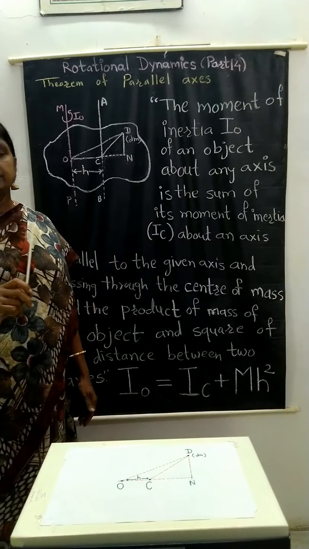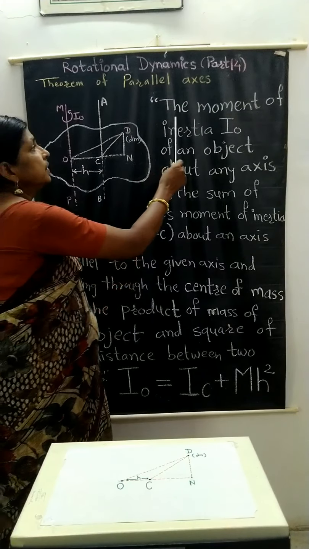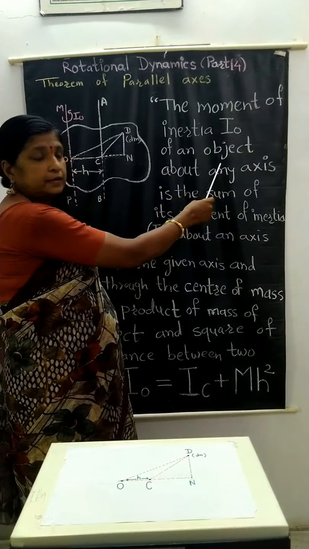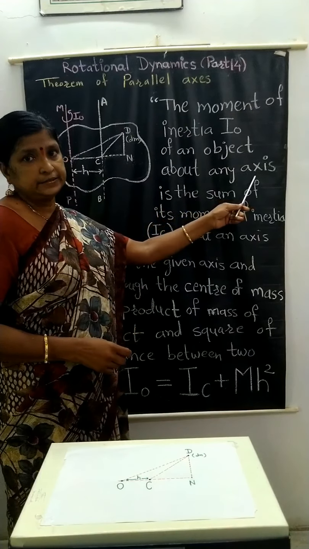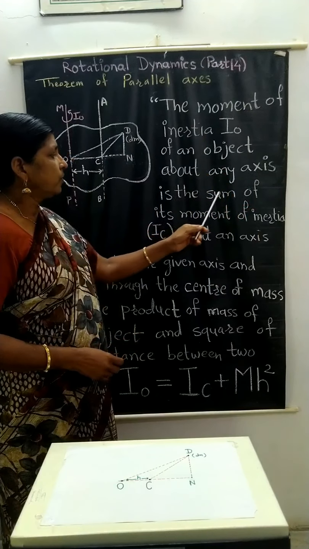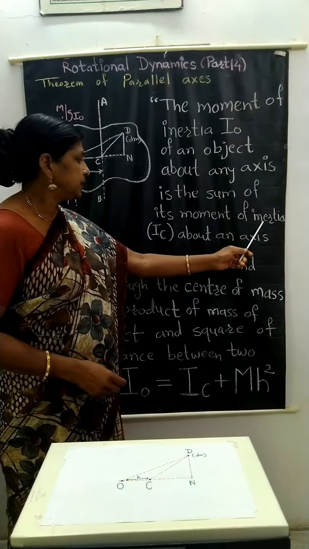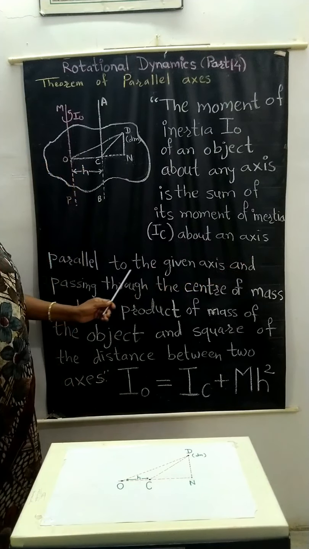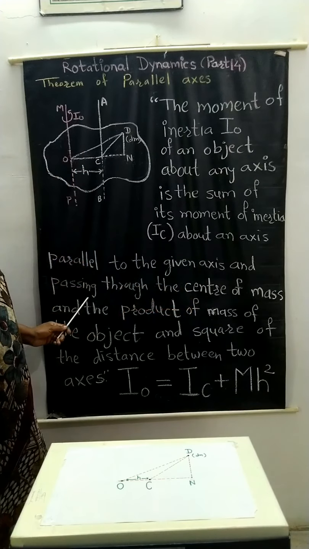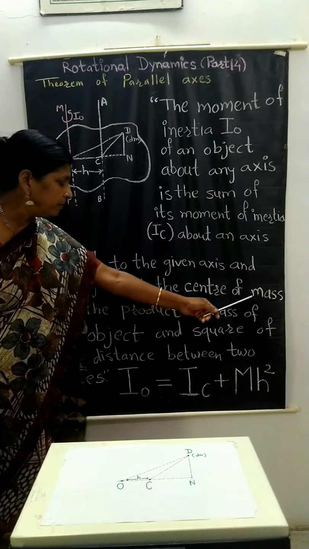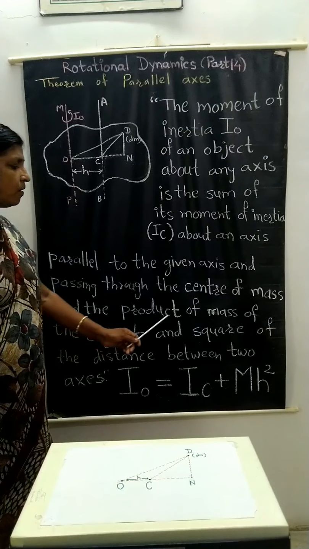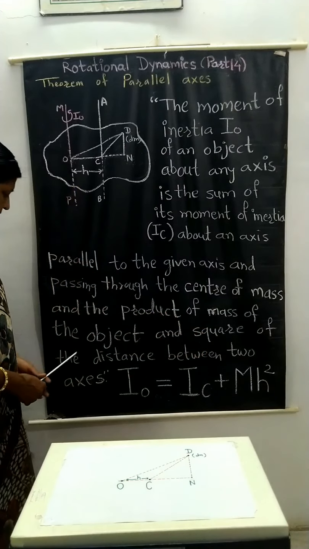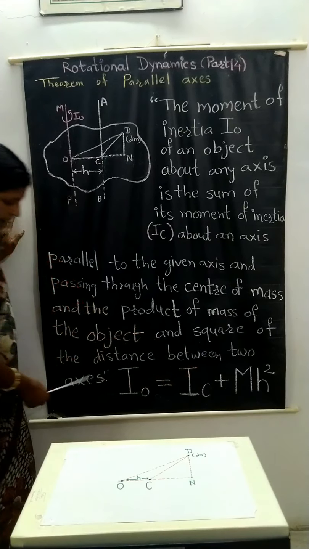What does this theorem state? The theorem says that the moment of inertia IO of an object about any axis is the sum of its moment of inertia IC about an axis parallel to the given axis and passing through the center of mass, and the product of the mass of the object and the square of the distance between the two axes.